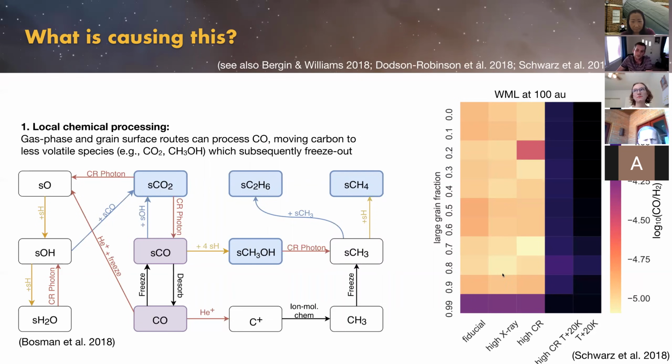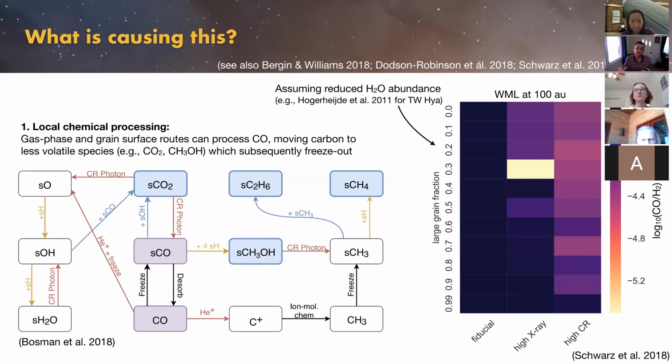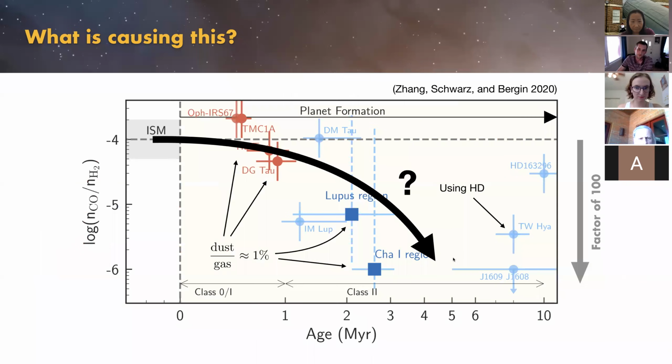Plus, this processing seems to not really work if you have a significant amount of grain growth, or if you remove some of the water in the disk, which apparently is what's going on if you look at Michiel Hoogheid's paper, for example, for TW Hydra. If you remove water and this oxygen from the gas, this processing of CO becomes hard. Yeah, so there's a few reasons to believe that the chemistry alone has a hard time to reproduce this plot.